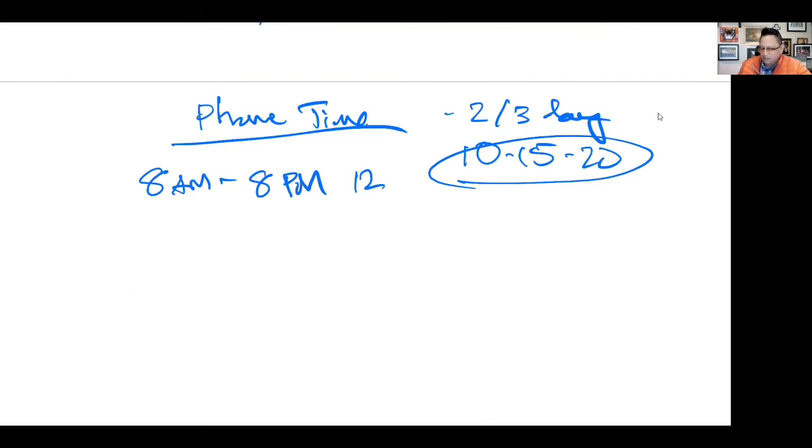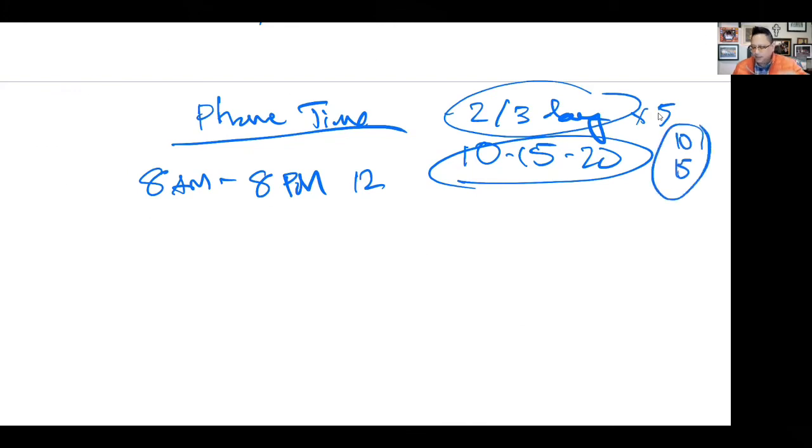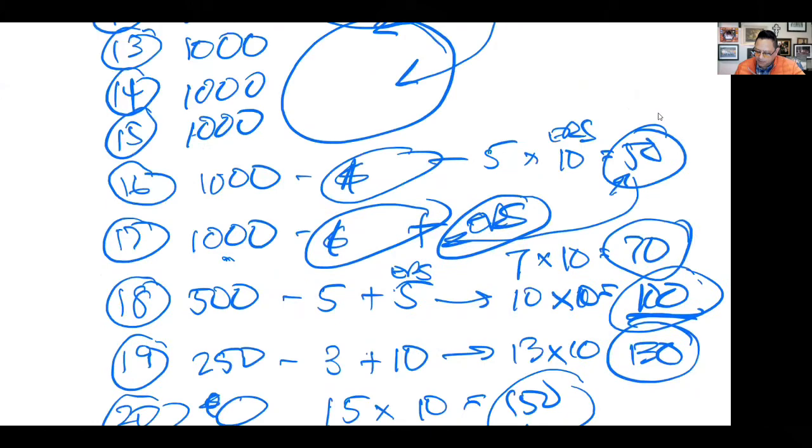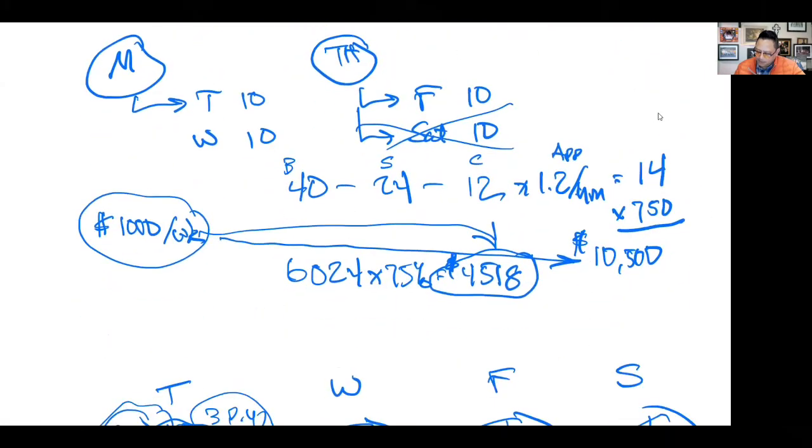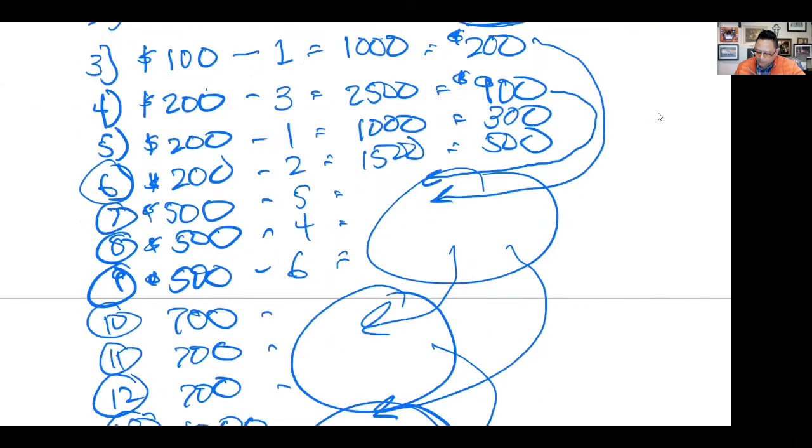Because 2 to 3 per day times 5, let's say you work 5 days a week, not 6, you're looking at 10 to 15 apps. And then you're in that same category up here, 10 to 15 apps.